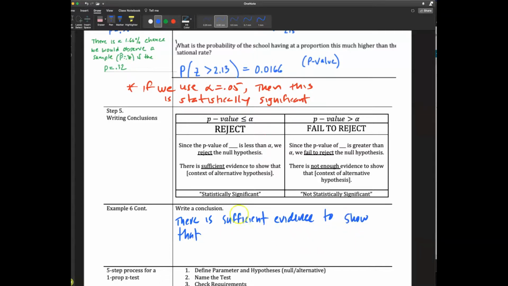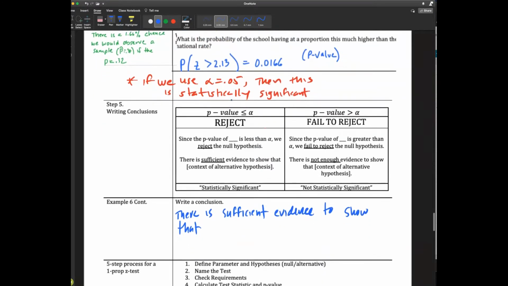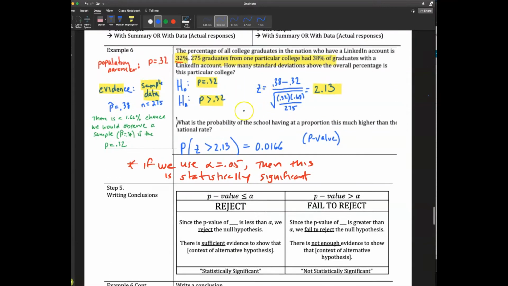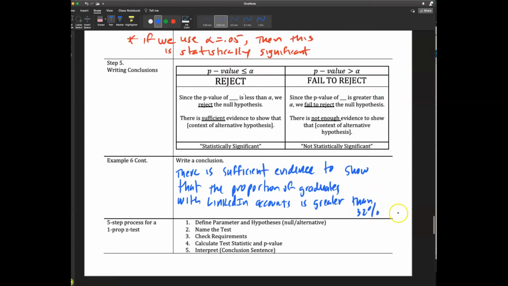There is sufficient evidence to show that, and then you always put the context of the alternative. In this case, the alternative is that the proportion of graduates with LinkedIn accounts is greater than 32%. And that's how we finish a hypothesis test.